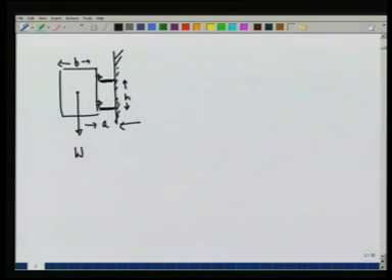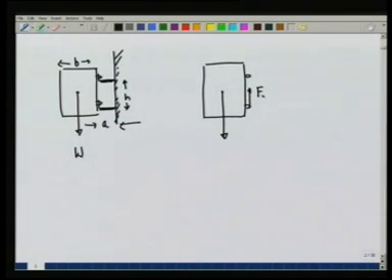So, let us see how the gate is being supported. If I look at the gate, it has a weight pulling it down, then the entire weight is being supported by the lower support. So, it has a force Fy pulling it up. In addition, there will be forces in this direction. So, let us call this Fx1 and Fx2. These are the only forces that are there on the gate.